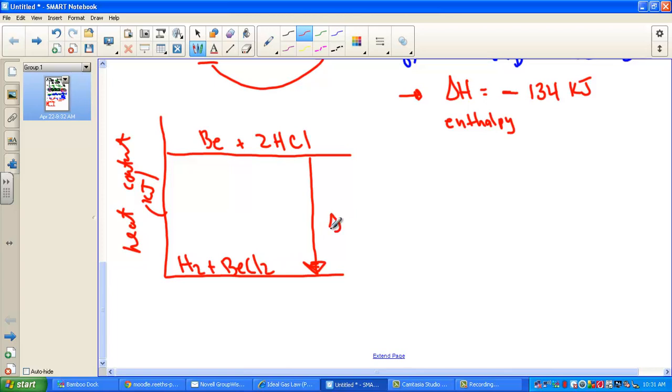And the amount of heat that separates them is 134 kilojoules of heat. Do you have your labels on your y-axis, heat content? Your equation still remains balanced. We still point from reactants to the products. Reactants are up high, products are down low.